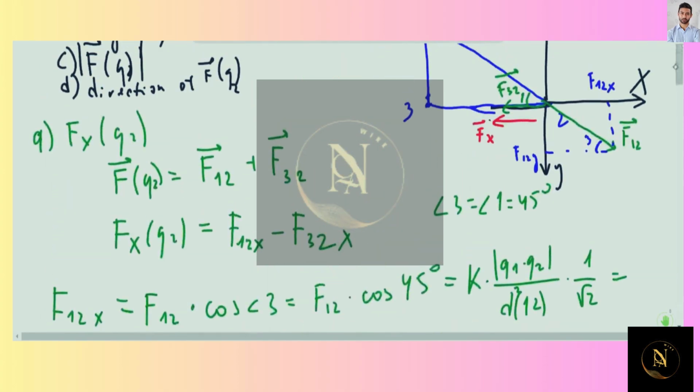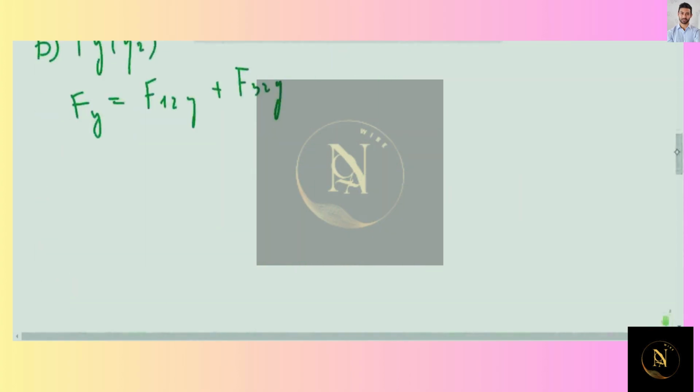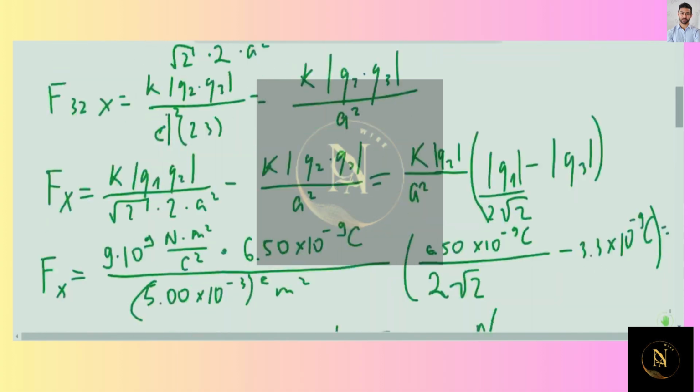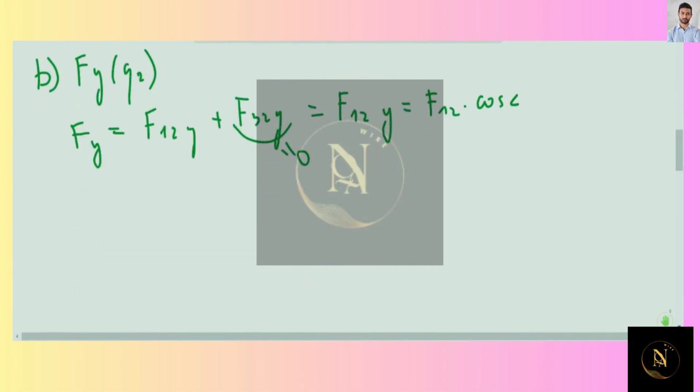But as we see, this force 32 is perpendicular to the y direction, therefore this is 0. So the y component equals F12 y, or F12 multiplied by sine of angle 3, or F12 multiplied by sine of 45 degrees, which is F12 over square root of 2.